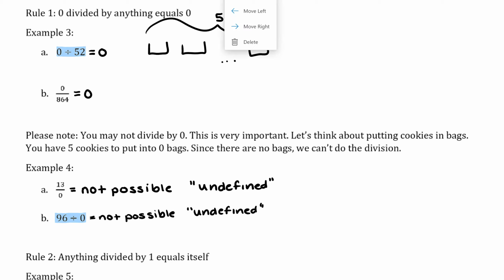And similarly, if we write it in fraction form, 0 divided by 864 is equal to 0, but 13 divided by 0 is not possible or undefined. So if you have a fraction and the 0 is on top, it's cool, it equals 0. But if the 0 is on bottom, it's not possible, undefined.